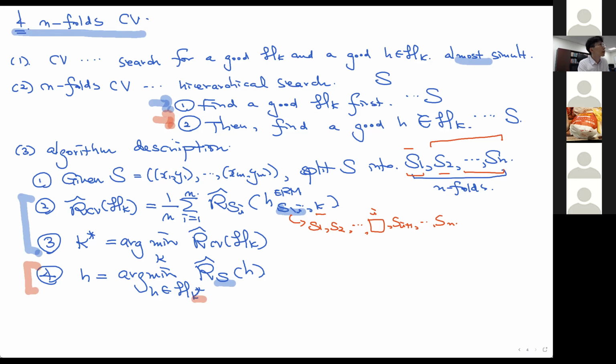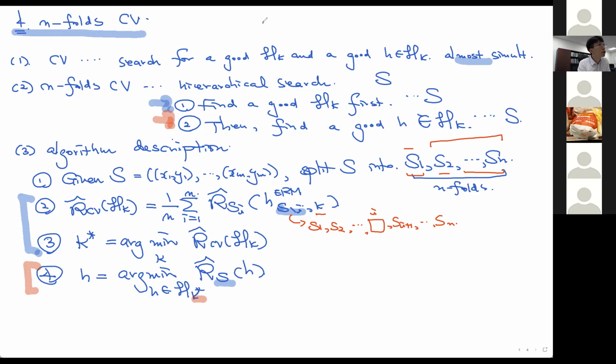And let me mention further things about this idea. The first thing that I want to mention is that this algorithm can be used not just with ERM, but with some other algorithm.